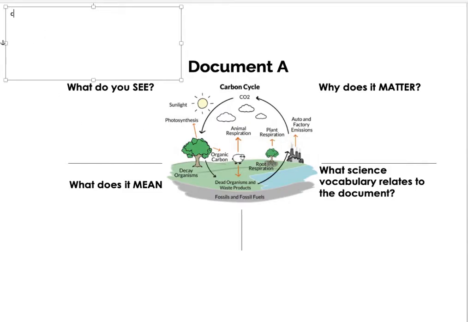We see this, we see the carbon cycle. We see that photosynthesis is occurring. We see that animal, plant, and we'll say root respiration is occurring.